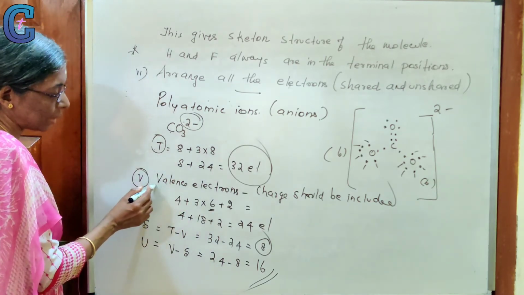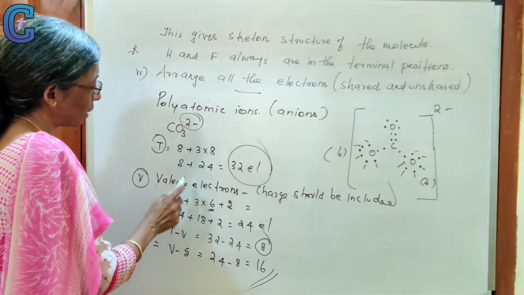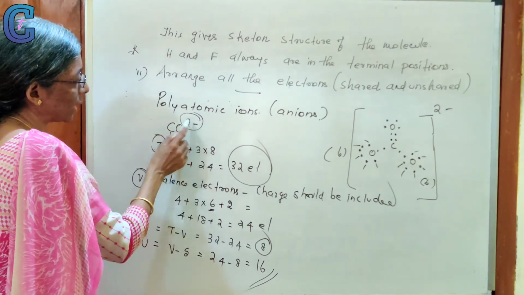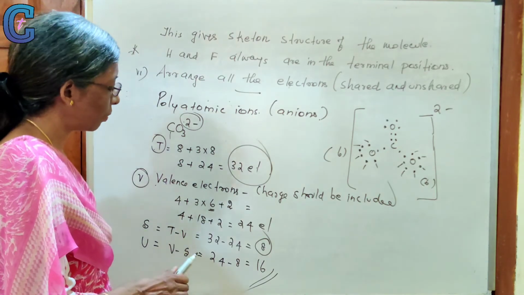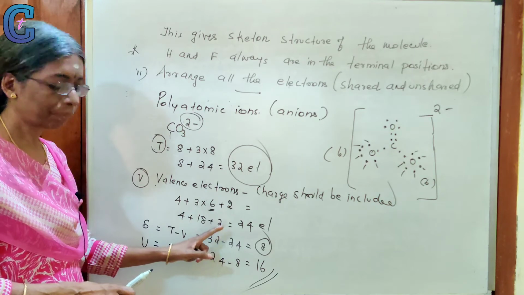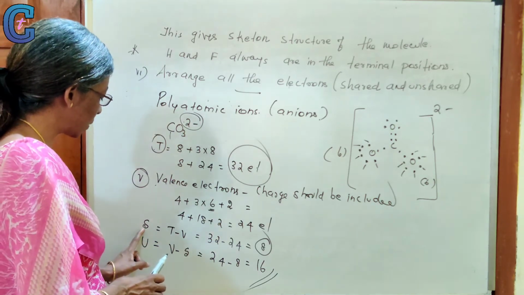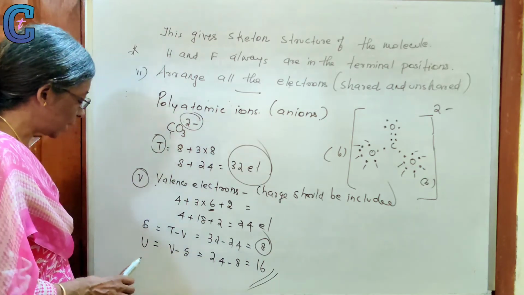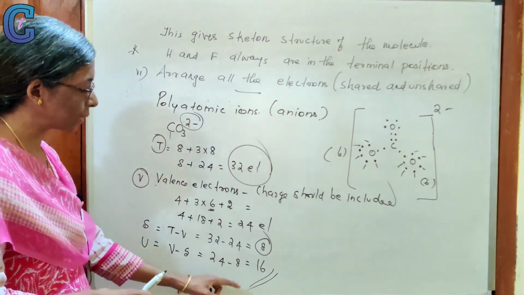Then valence electrons: for each atom, valence electrons, plus, since it is a negative ion, you should add the 2 charges here. After that S is the shared electrons, T minus V, 8. Then U, V minus S, 16.